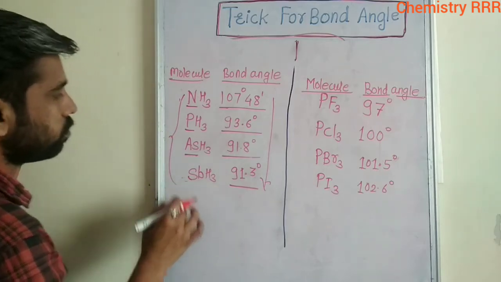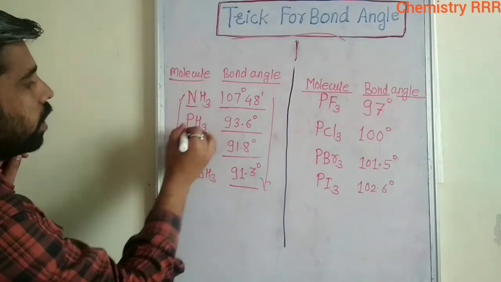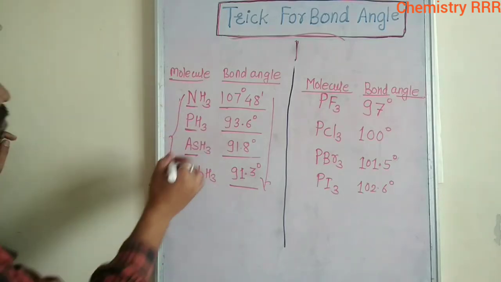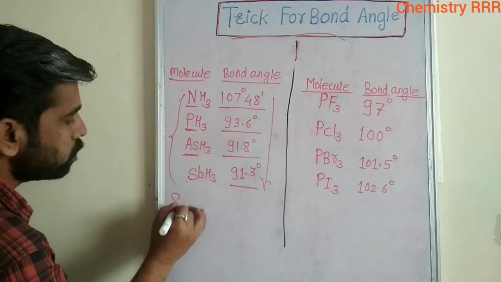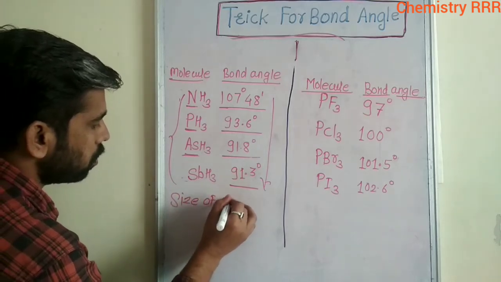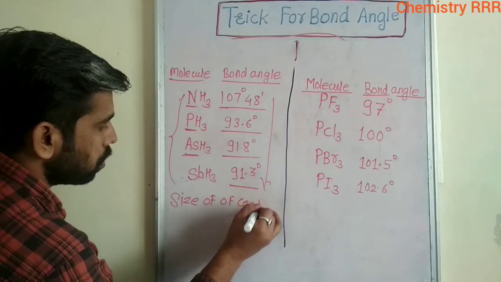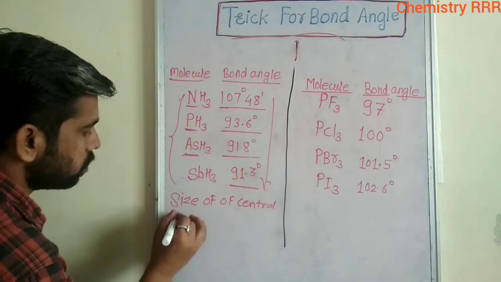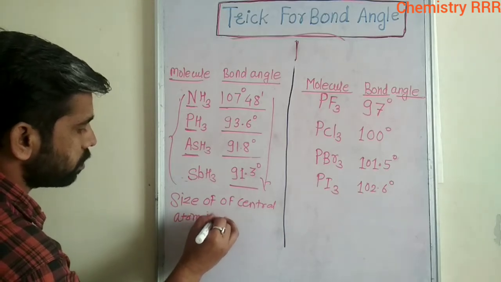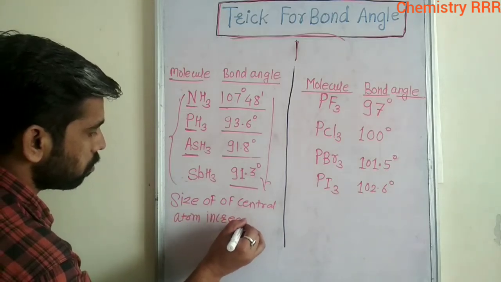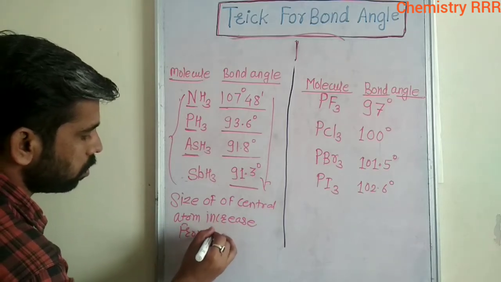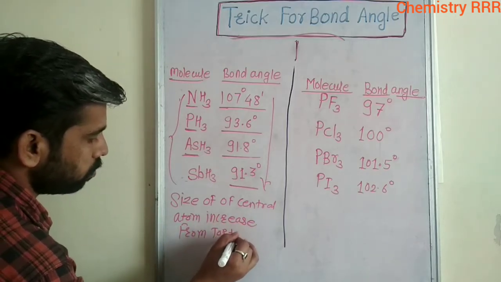This is because the size of the central atom increases from top to bottom.